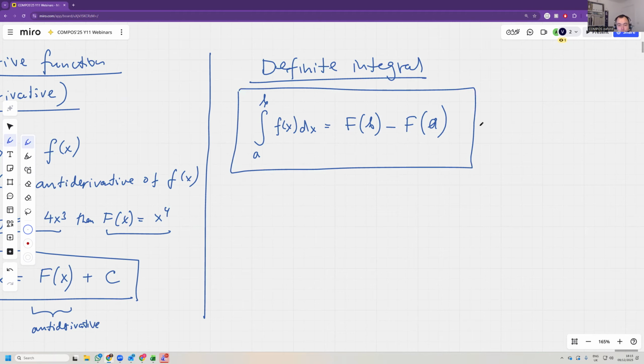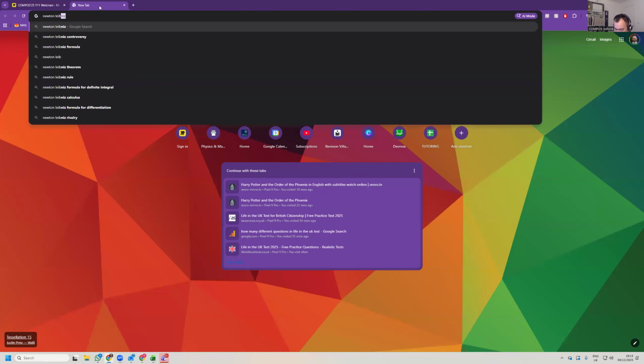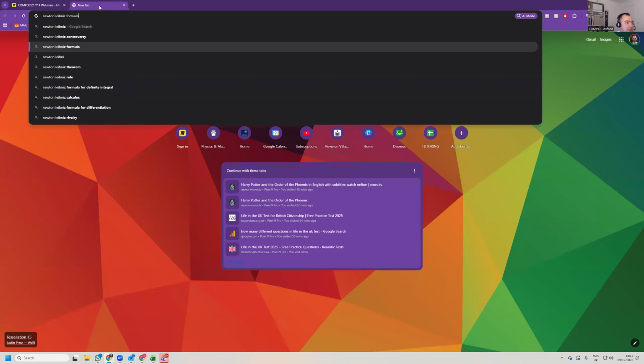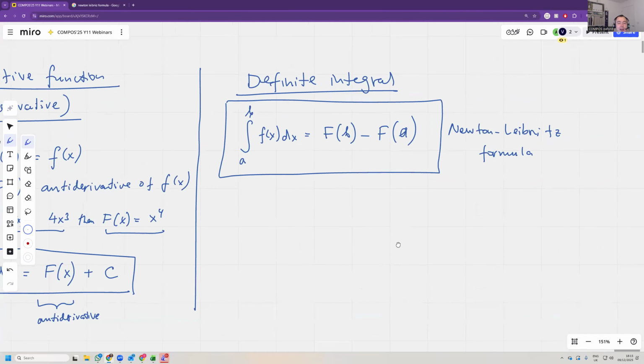And that's called the Newton-Leibniz formula. Yes, of course. Fundamental theorem of calculus. Lovely.